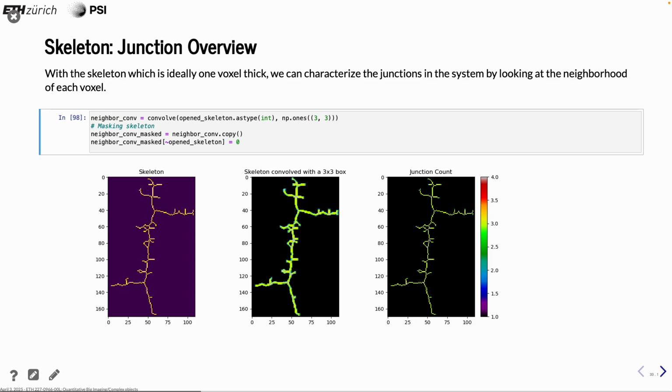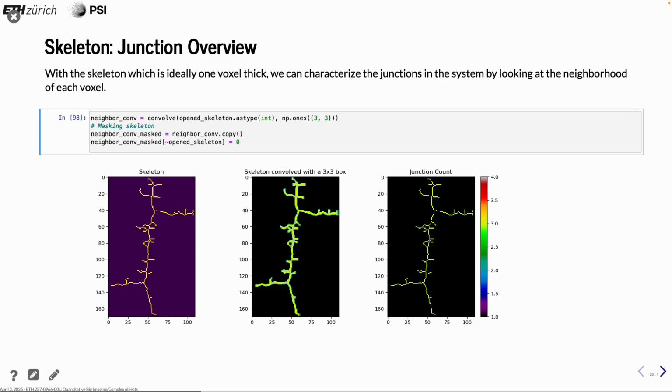We even have a couple of loops in here, and we want to remove those. And now we want to analyze the skeleton and look into what each pixel along the skeleton means. And one way of doing that is to count how many neighbors each pixel has.